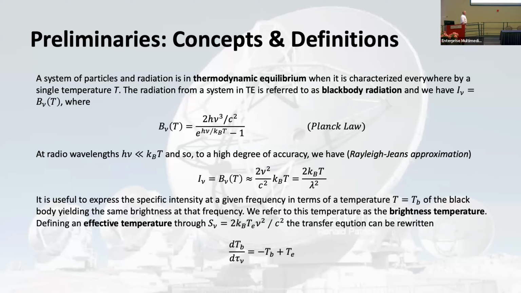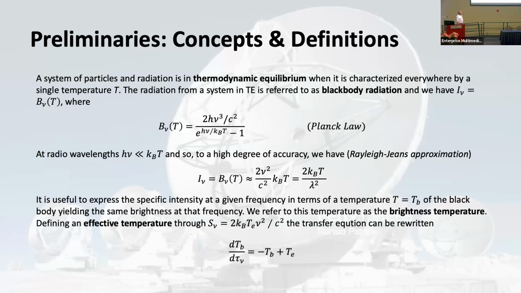But what's kind of special about the radio regime is that h nu, the photon energy, these are powder puff photons. They have very low energy relative to kT, the temperature characterizing the system in thermodynamic equilibrium. So in fact, we can expand that exponential, and you have a very simple linear relation between specific intensity and temperature of the system, okay?